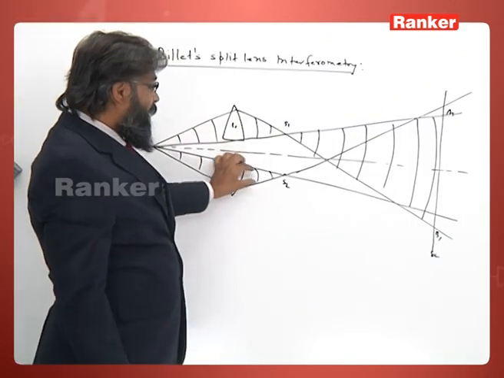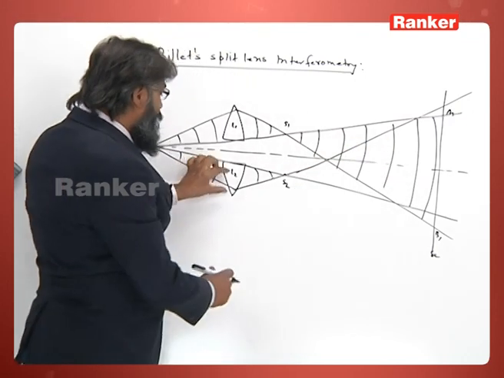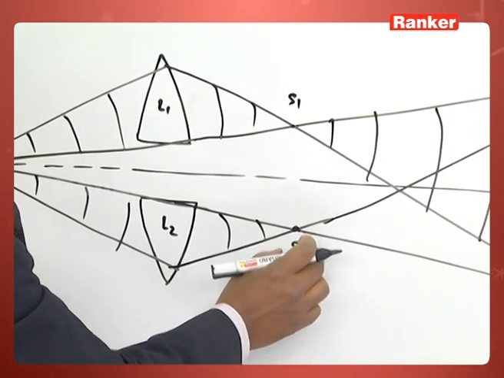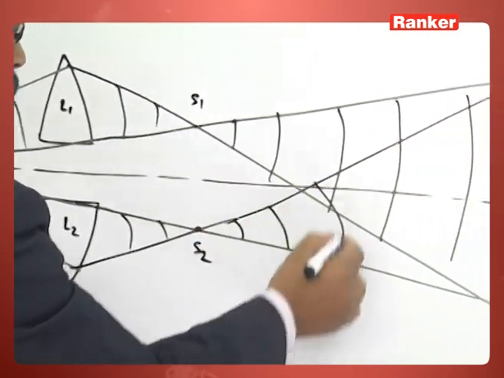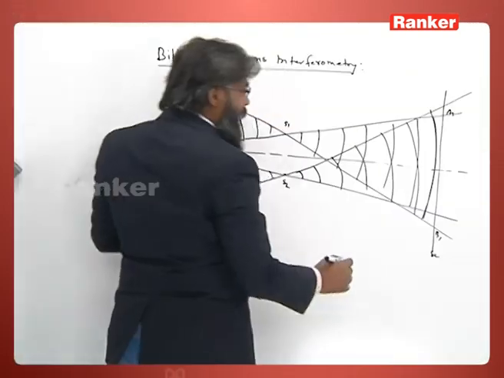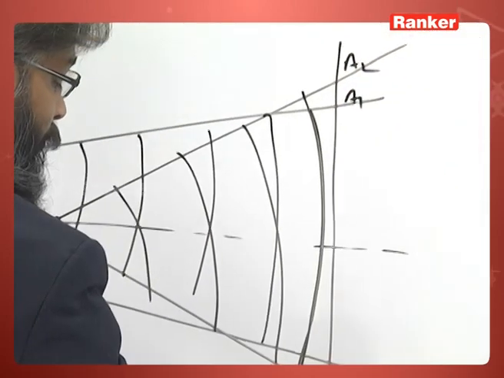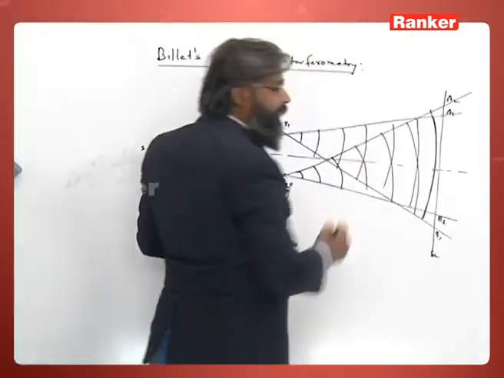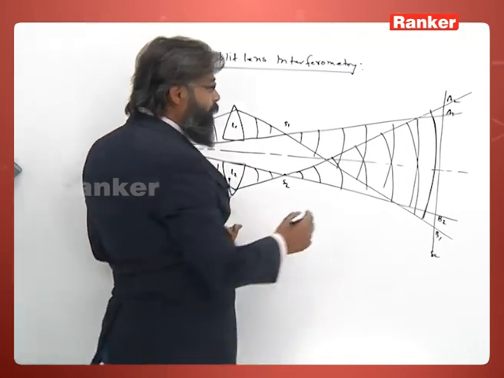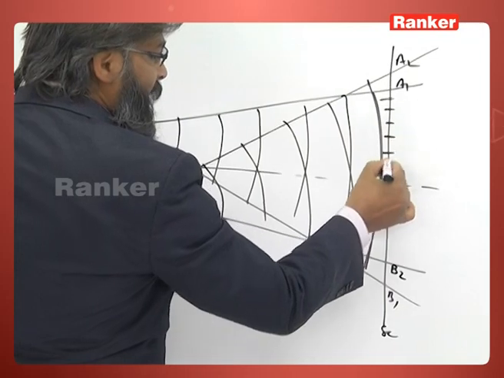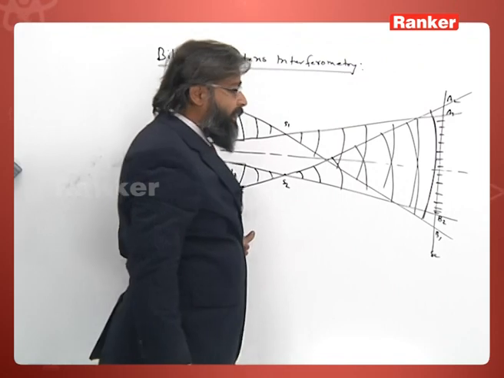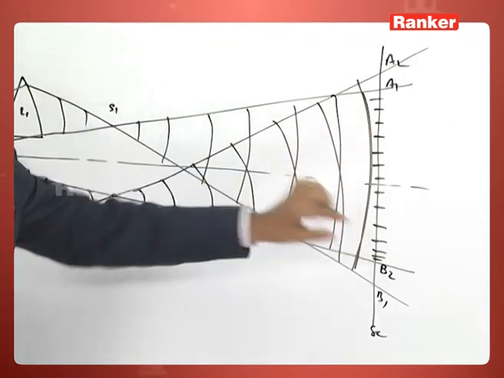So, the same wavefront gets refracted from the lower half and they converge at S2 forming a real image S2, which after converging goes to this, and thus A2 B2 is the region illuminated by the wavefront refracted from the lower half L2. The interference pattern you see here, this is the region where we get the two waves interfering, and this is the interference pattern.